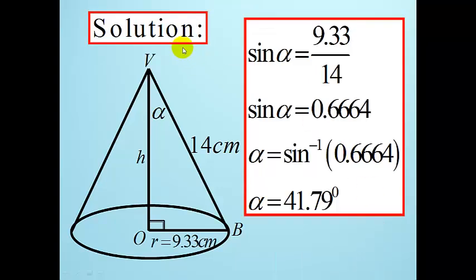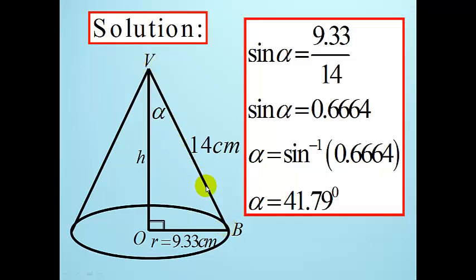Now, let's proceed. How do we find the semi-vertical angle? Take note that the slant height is known, and that is 14 centimeters. The base radius has just been calculated, and we had 9.33 centimeters. So when we consider the right angle triangle VOB, we can see that we have two sides.